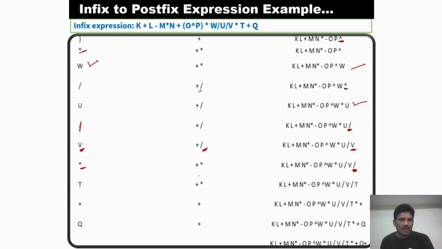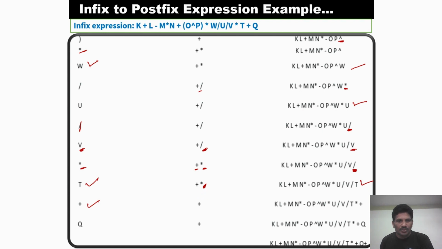Then after that, what are the operators in the stack? The plus and multiplication operators. Then what is the next one? The input symbol is T. T is an operand. Directly we can add it into the postfix expression. Then after that, plus. The plus operator cannot be placed on the top of the multiplication operator, because the multiplication operator has higher precedence than plus.